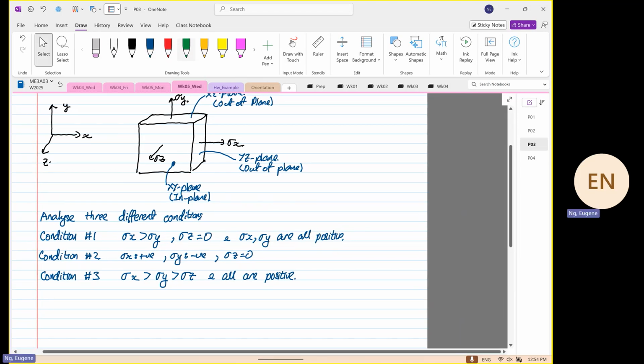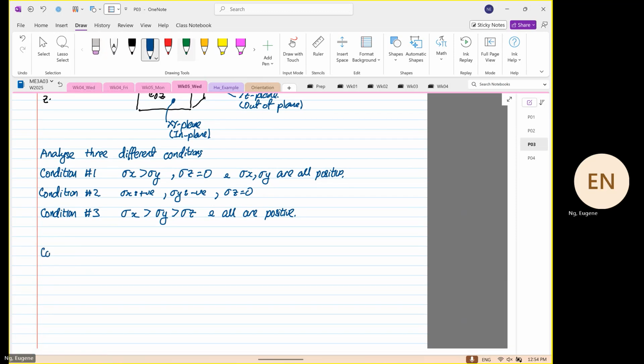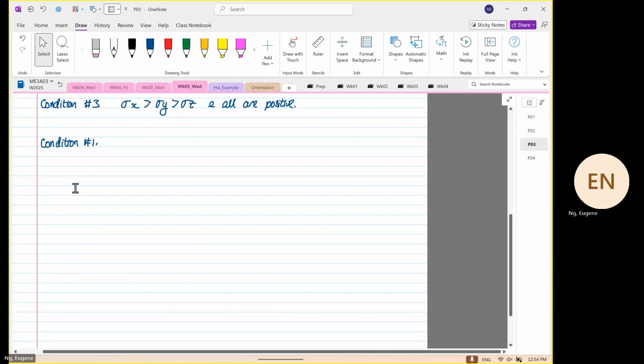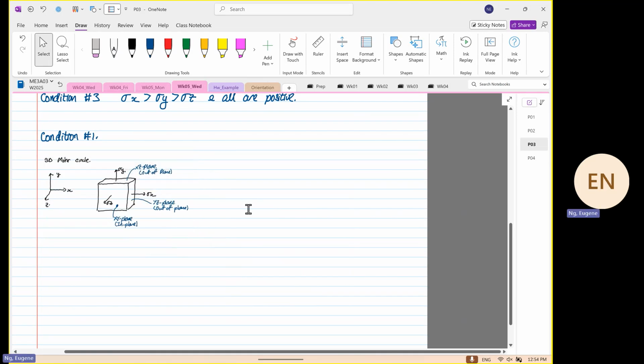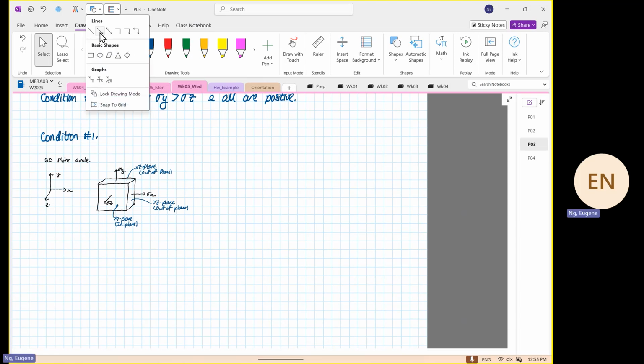Okay. So I want to look at the first condition first. We are going to look at condition number 1. And everything that I draw from here is going to be based on this transformation over here. So for condition number 1, same thing.